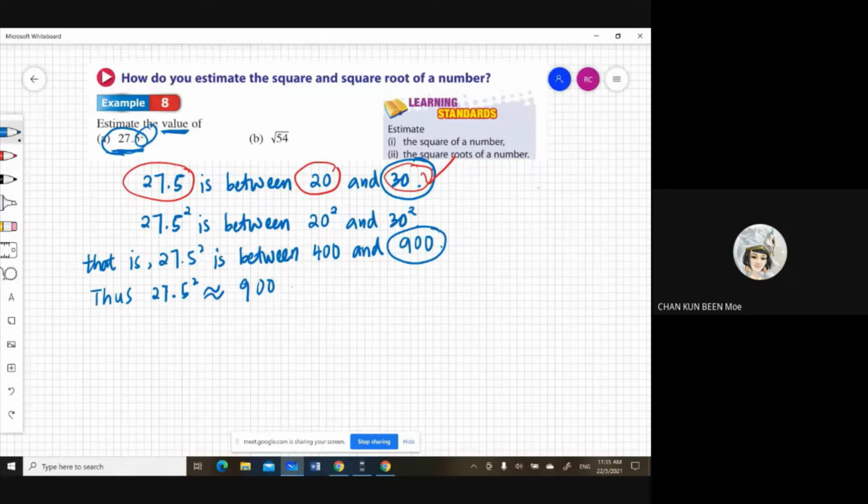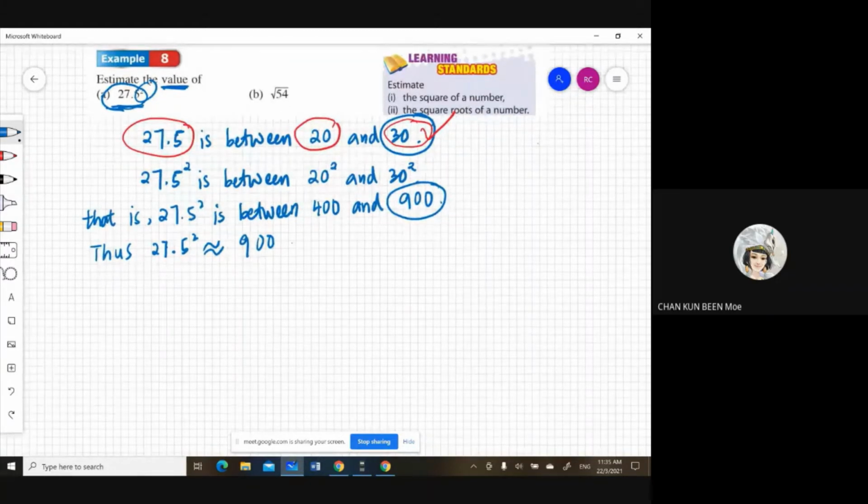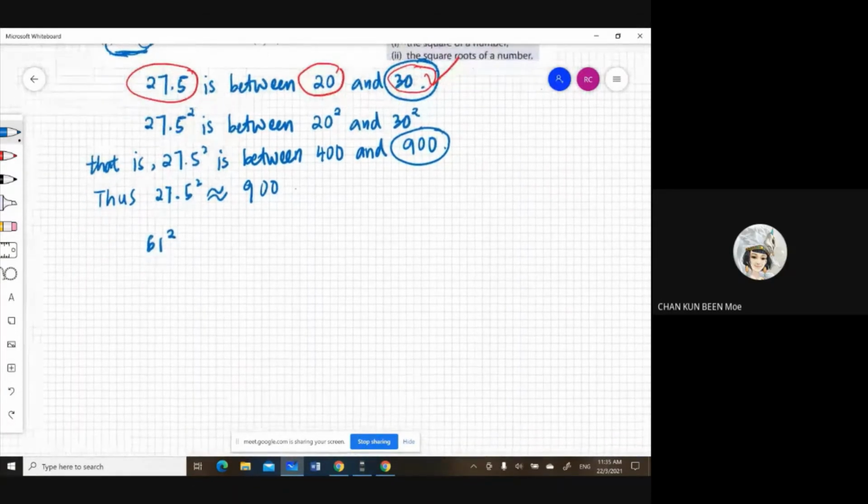Okay, so I'm going to give you another example over here. For example, I give you the question of 61 squared. Estimate the value of 61 squared. So you're just going to follow what I did here from the first statement. 61, we don't write down the square first, is between... we are going to find out which tens value 61 is in between.